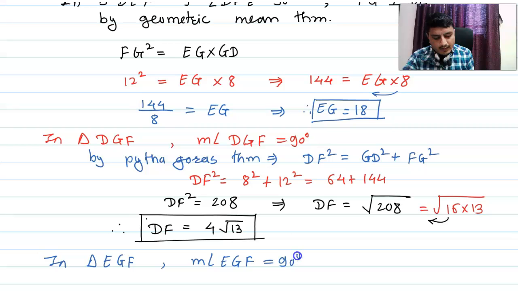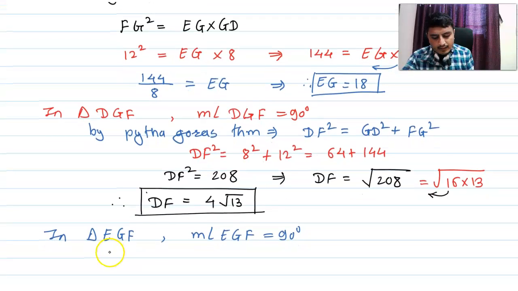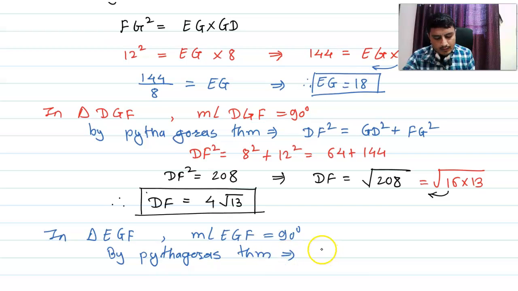That means the given triangle is a right angle triangle, so we can apply the Pythagoras theorem. By Pythagoras theorem, the hypotenuse of triangle EGF is EF, so EF square equals EG square plus GF square.